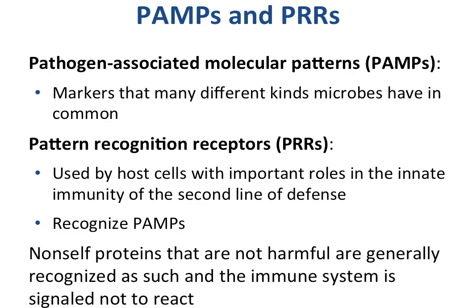So those are considered pathogen-associated molecular patterns. And the pattern recognition receptor is used by the host cells in innate immunity, the second line of defense, to recognize the pathogen pattern.